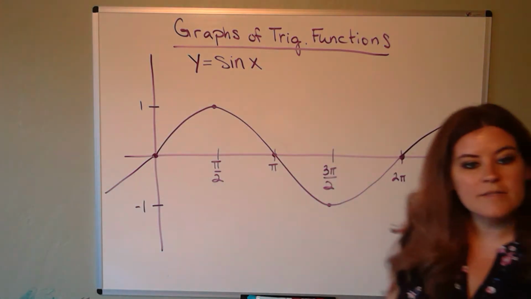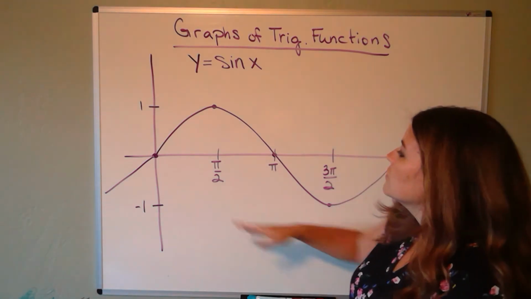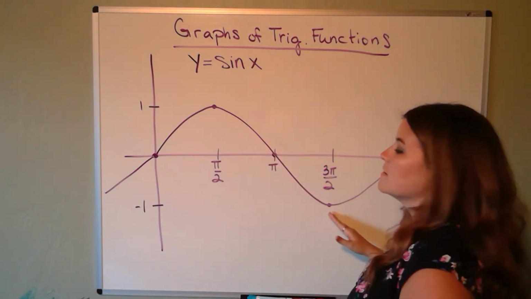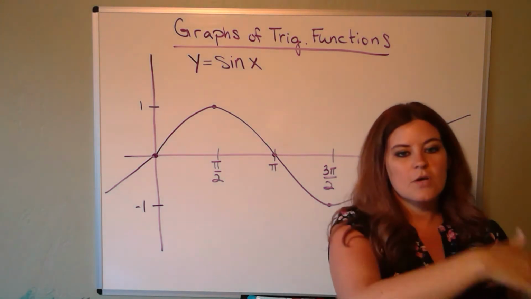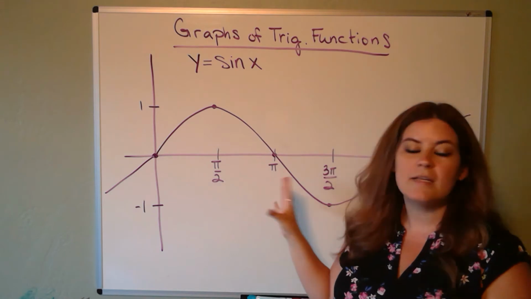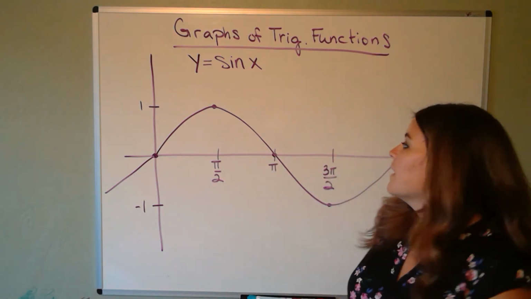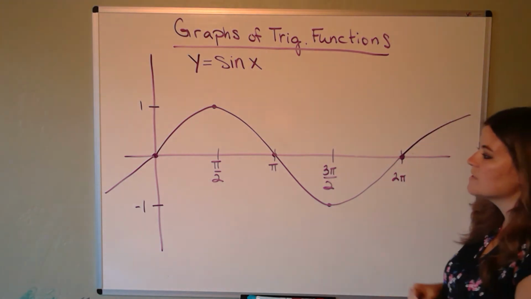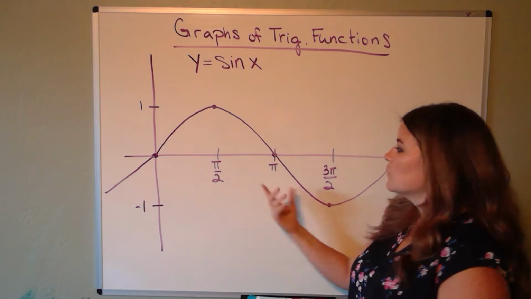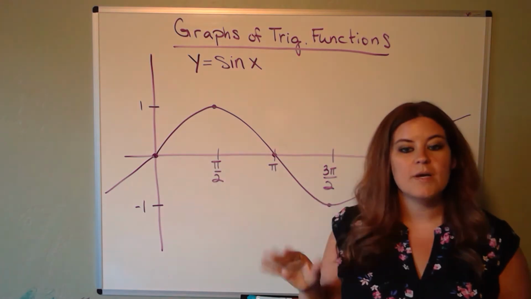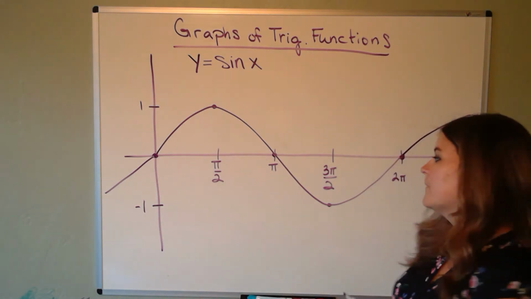When you're doing your ALEKS work and they ask you to graph one of these functions, you are going to use specific points to help graph it, but you're going to notice that your graph just keeps going, and this wave just keeps going on forever. But the ones that I draw, usually because of lack of space, we usually just go one full rotation. But do know this is going on in both directions forever.